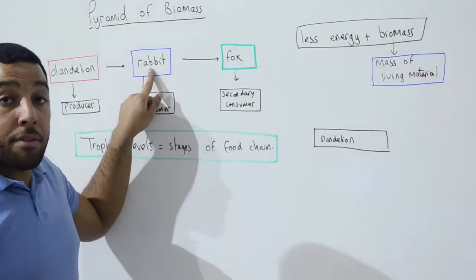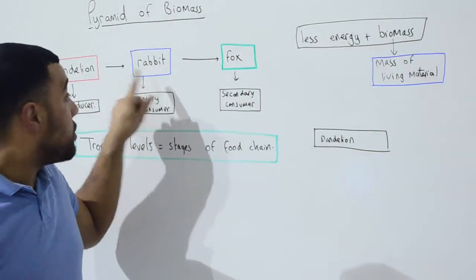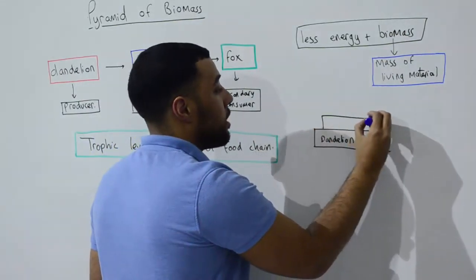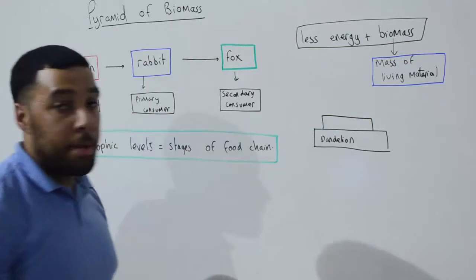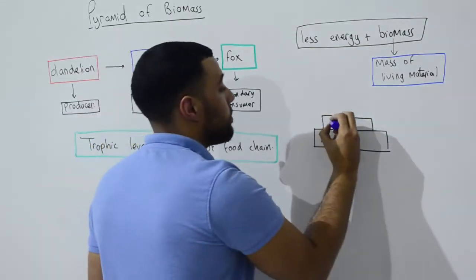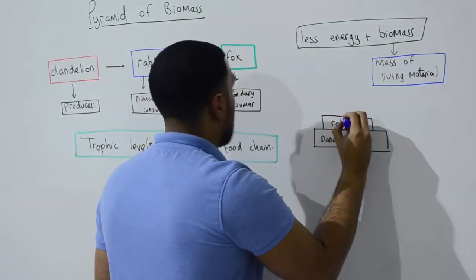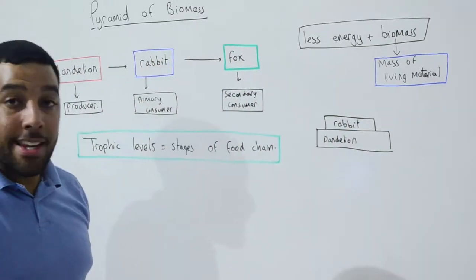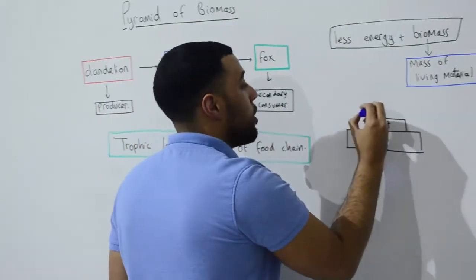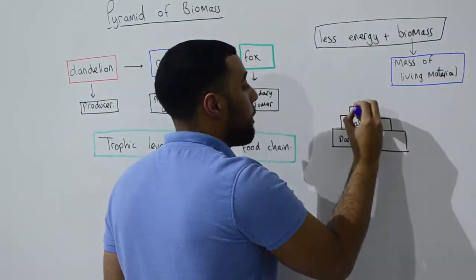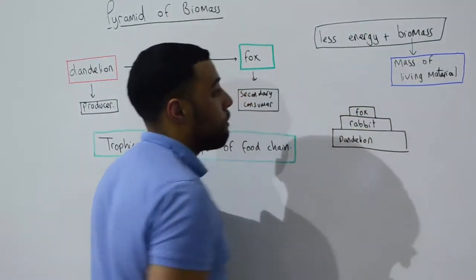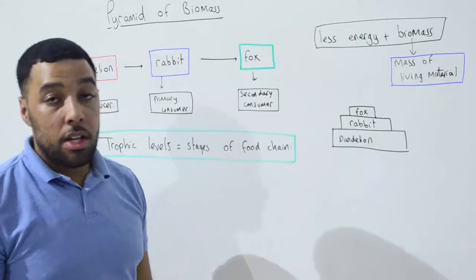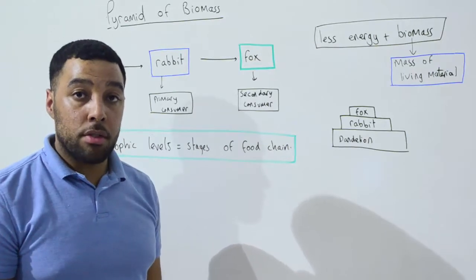The rabbit will have slightly less biomass and energy than the dandelion, so its bar won't be as big or as wide. And the fox will have the least amount of energy and biomass, so the bar will be even smaller. The mass of living material is decreasing as we go up the trophic levels.